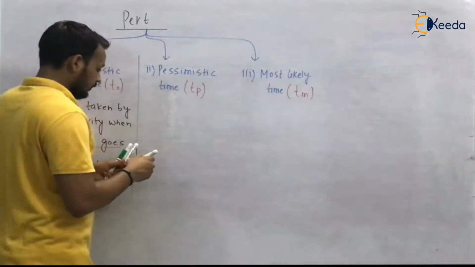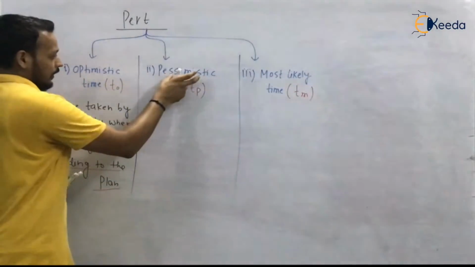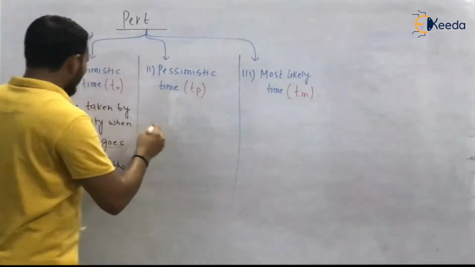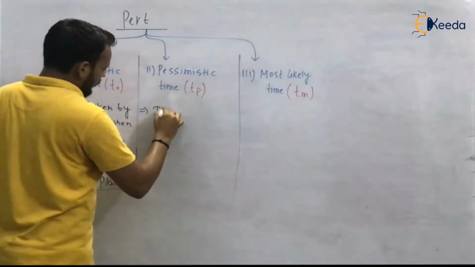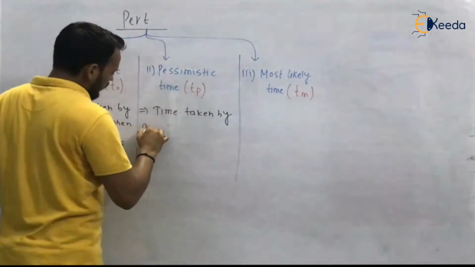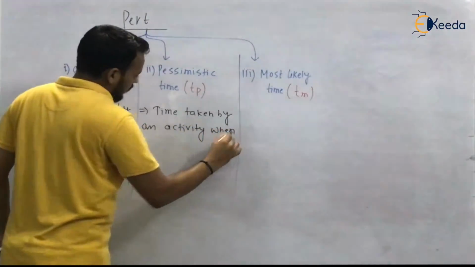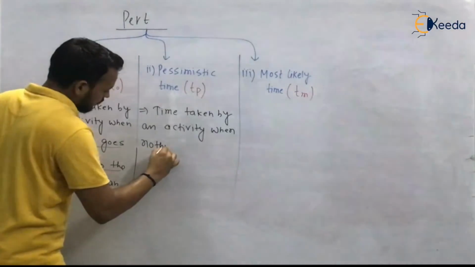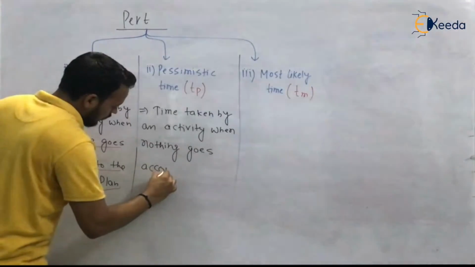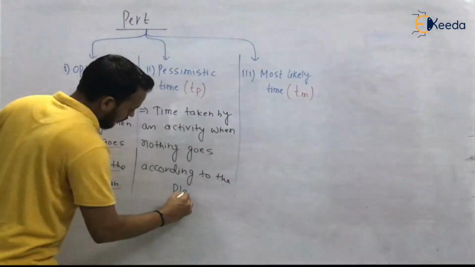The second is pessimistic time. What does it mean? It means that you do not believe in anything. It can be defined as the time taken by an activity when nothing goes according to the plan.